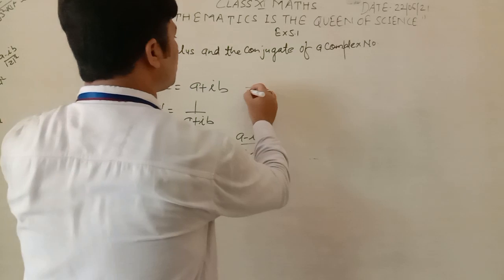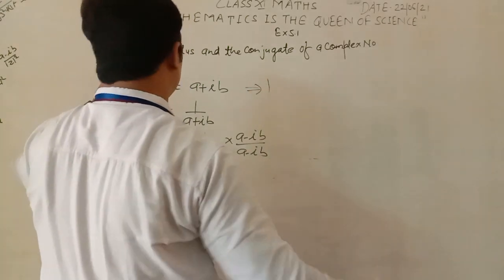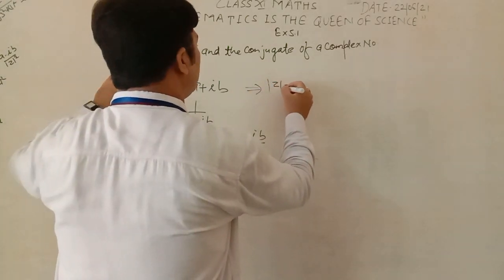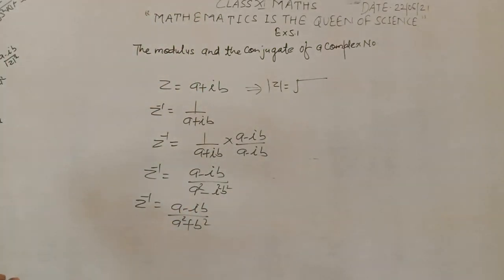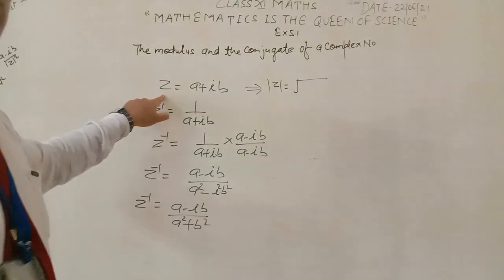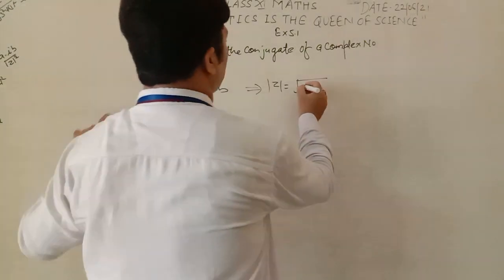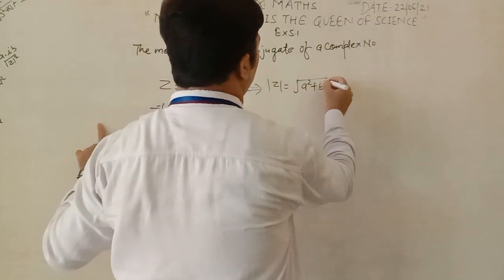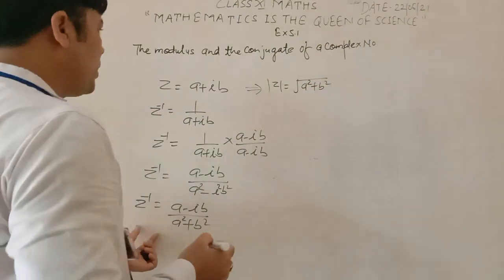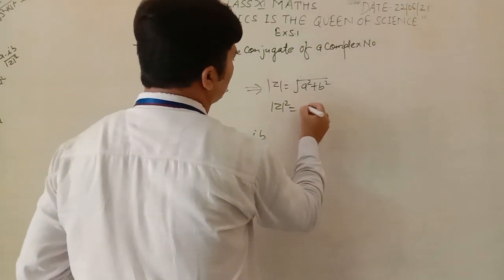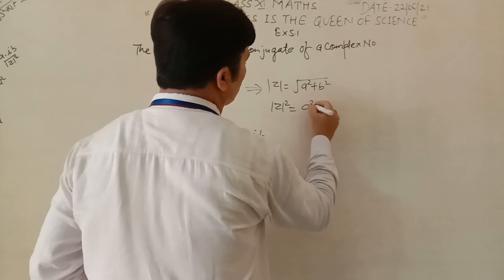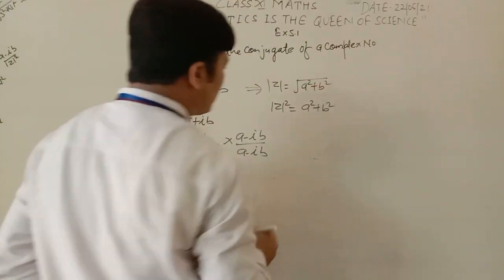If you find out the value of mod z, then it is equal to under root a square plus b square. Squaring this, you will get mod of z square is equal to a square plus b square.